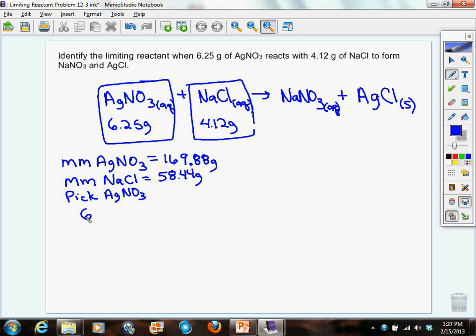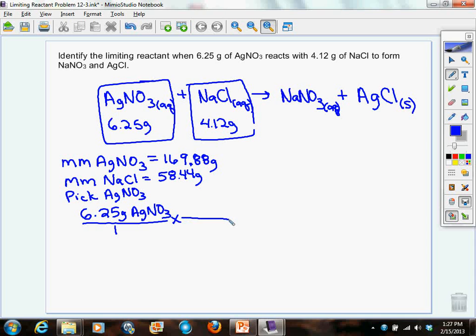So I'm going to say my known is silver nitrate, 6.25 grams of AgNO3. So that's how much I'm going to use. Now to use up all of my silver nitrate, I need to find out how much sodium chloride I need.